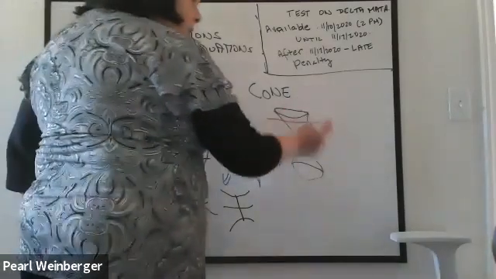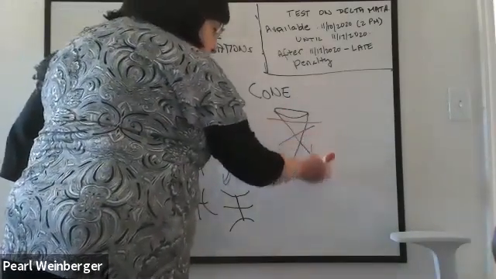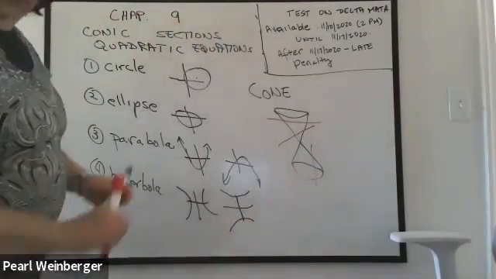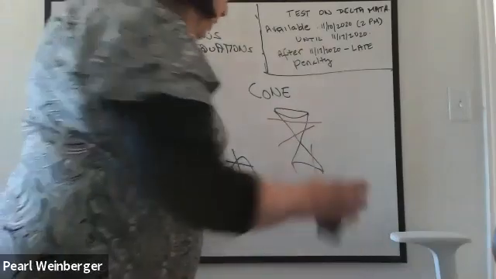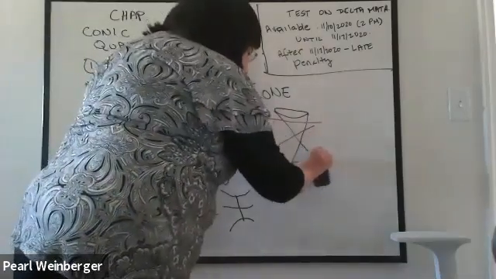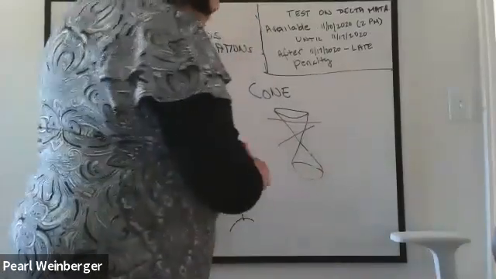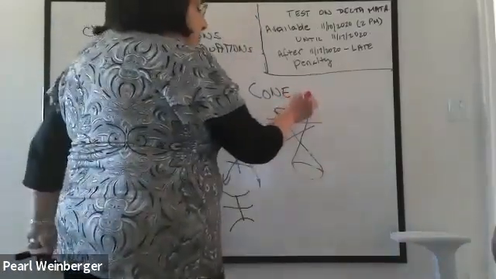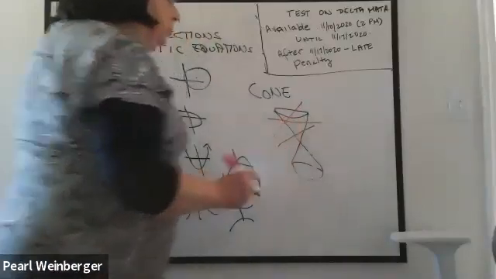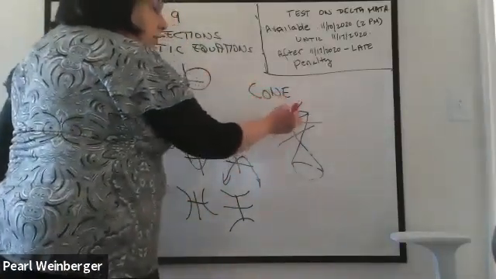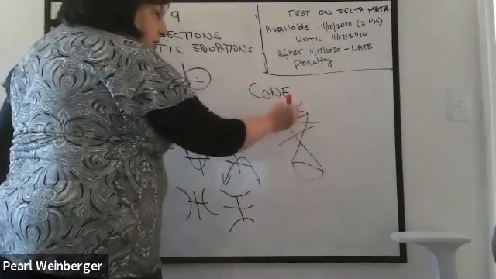Let's say you cut your cone like this. So part of it is crossing outside the cone itself.